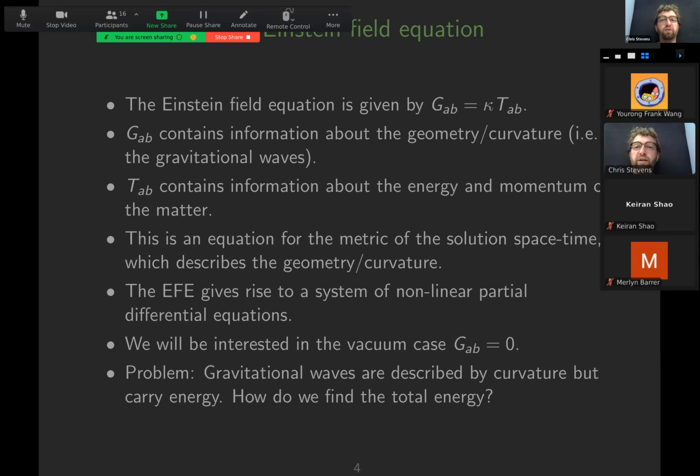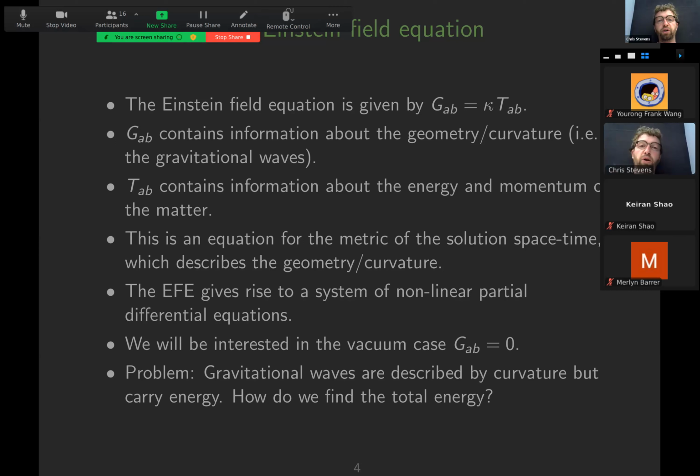All right, so just to solidify what we're working with, we are obviously using the Einstein field equation, which relates geometry on the left-hand side to energy momentum on the right-hand side. And I can skip over this since we're all doing something similar, I guess. So what we really want is the metric of the space-time, so that, given the metric, you can compute the curvature, and it describes the geometry.